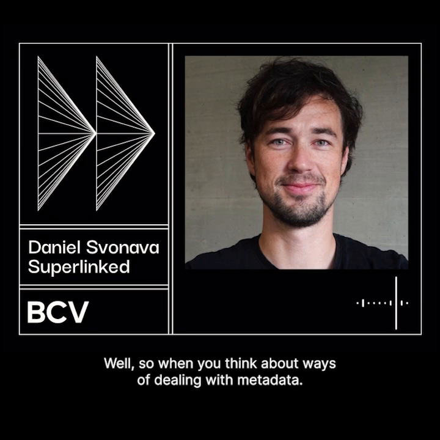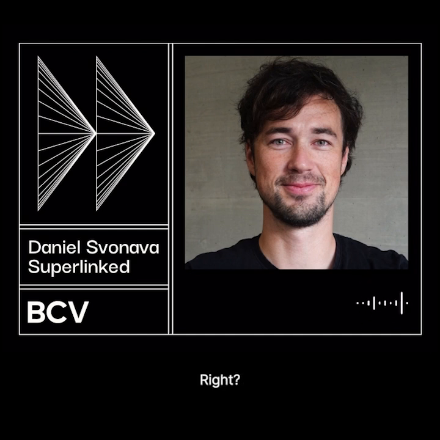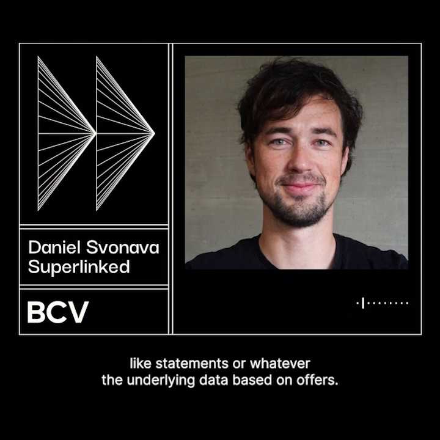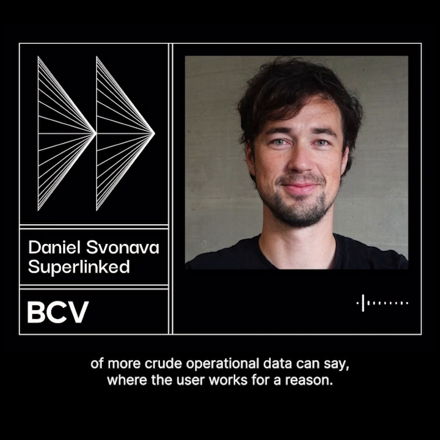When you think about the ways of dealing with metadata, this is what we have been doing, and it sort of works. You can filter your data using SQL-like statements or whatever the underlying database offers. You can constrain the search through the vectors with those cruder operations.